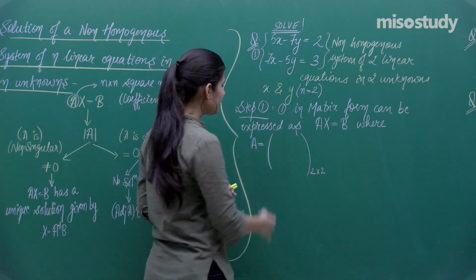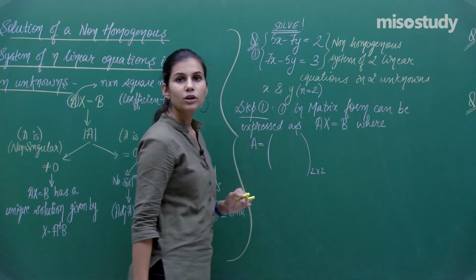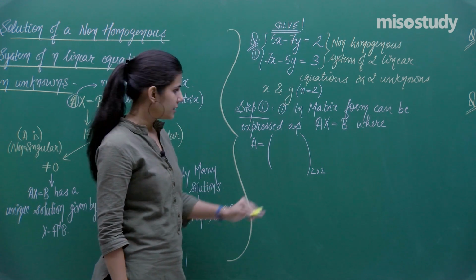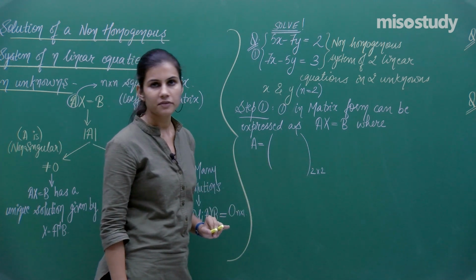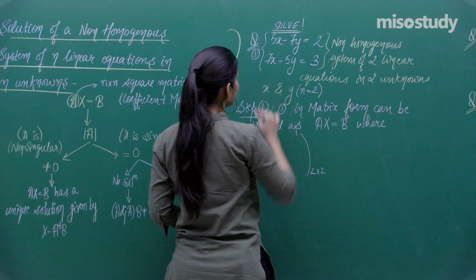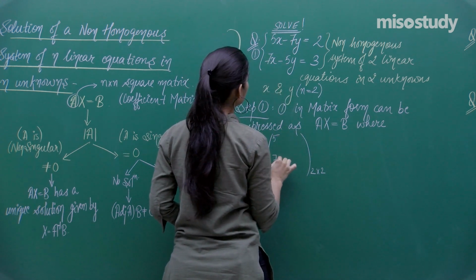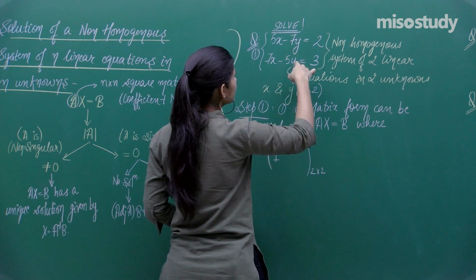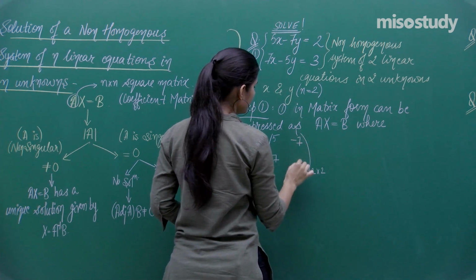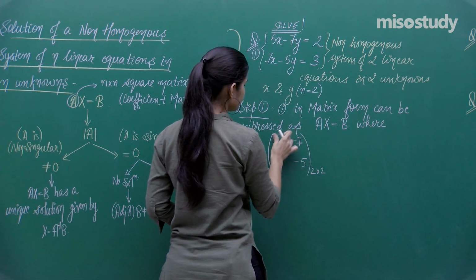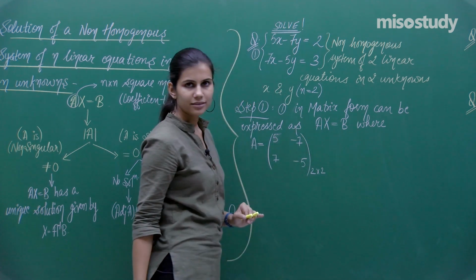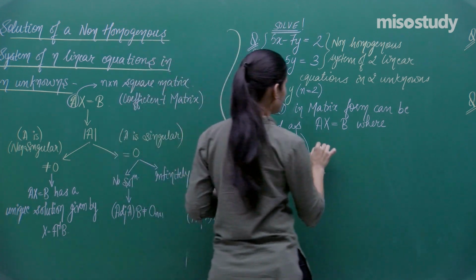It's a 2 cross 2 matrix. In the first column will come the coefficients of the first variable x. In the second column will come the coefficients of the second variable y. So, coefficients of the first variable from the first equation, from the second equation. Coefficients of the next variable y from the first equation, from the second equation. This is your matrix A, my coefficient matrix.